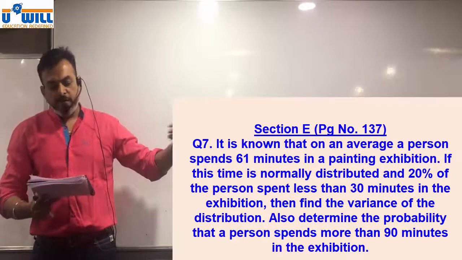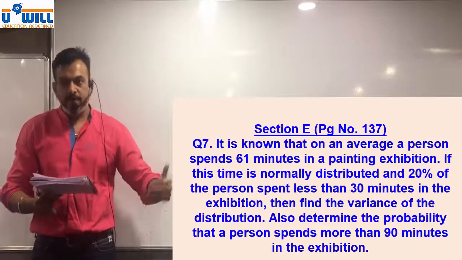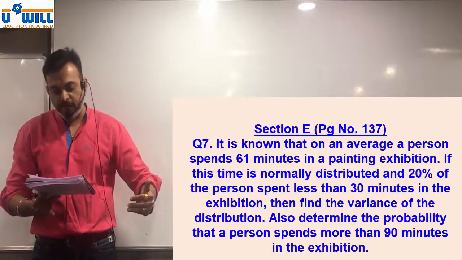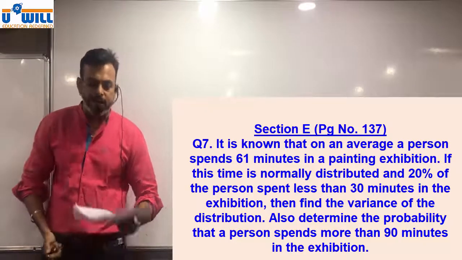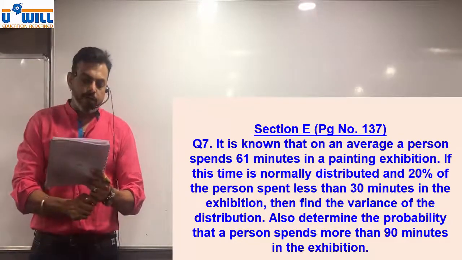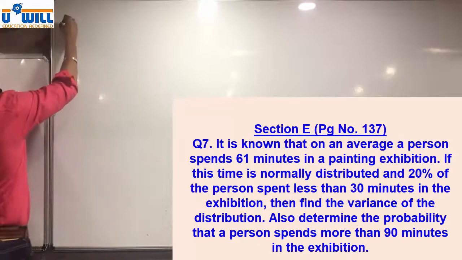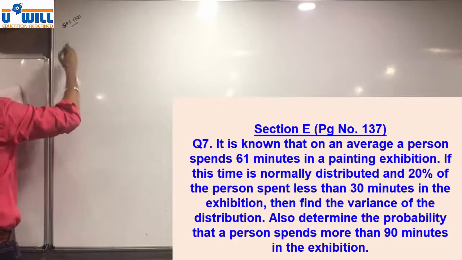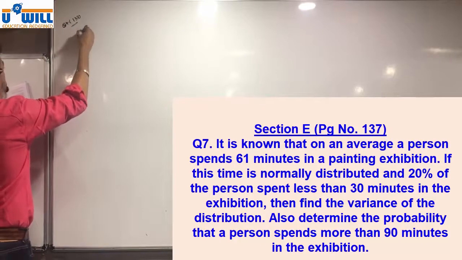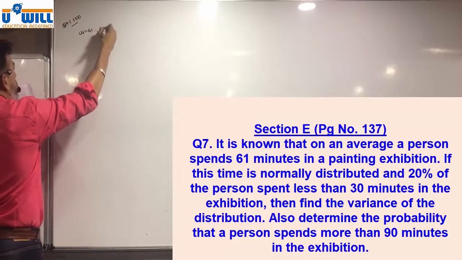So first we'll find out the variance, and using that information we'll also find the probability that a person spends more than 90 minutes in the exhibition. So let's write question 7, page 137. Mu is equal to 61.